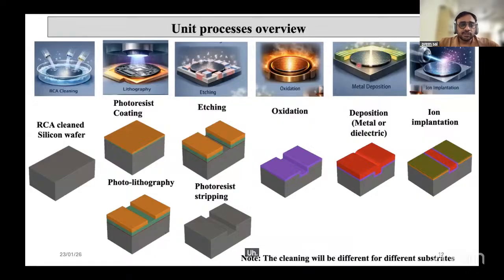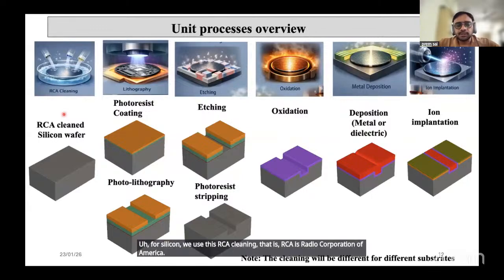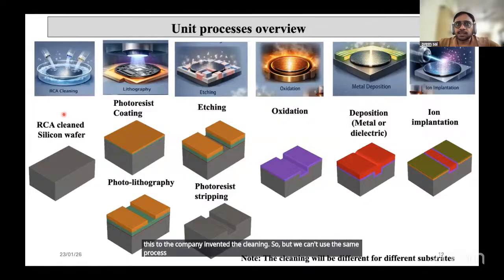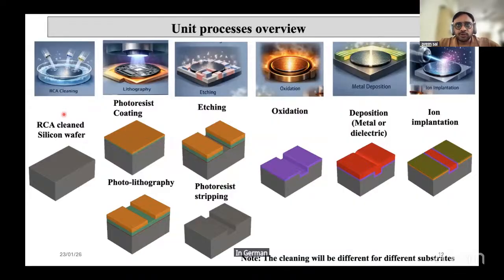For silicon, we use this RCA cleaning. RCA is Radio Corporation of America, the company that invented the cleaning. But we can't use the same process for other semiconductors. For germanium, they use just HCl and one other step. For gallium nitride, there is a different one.